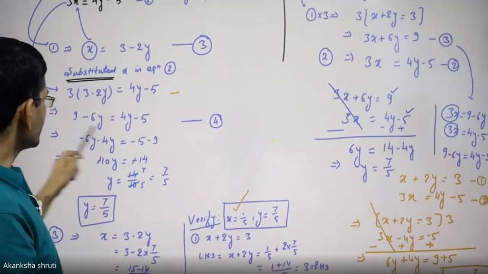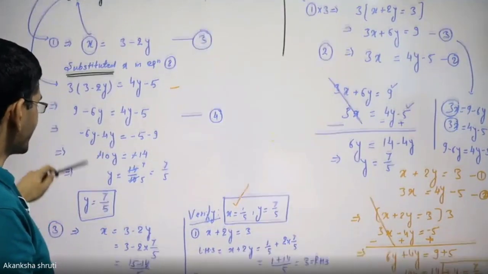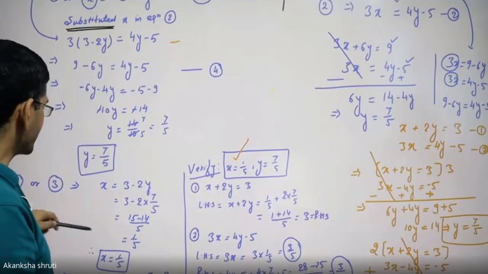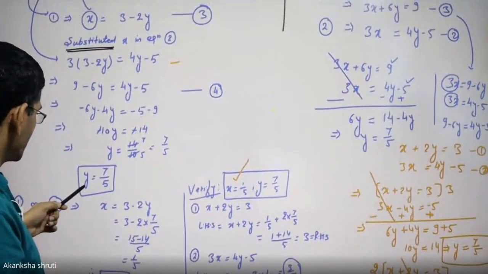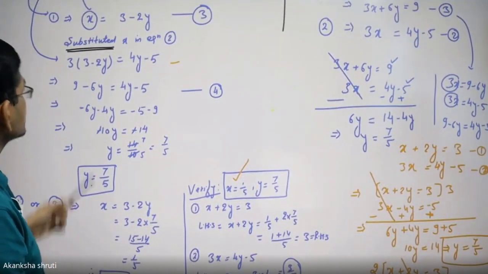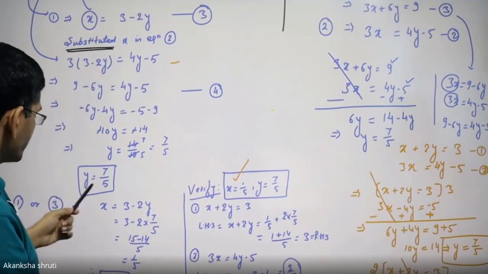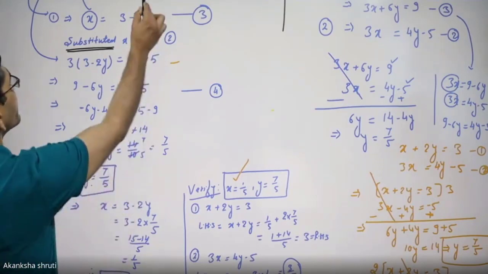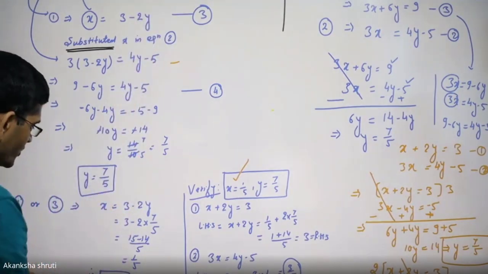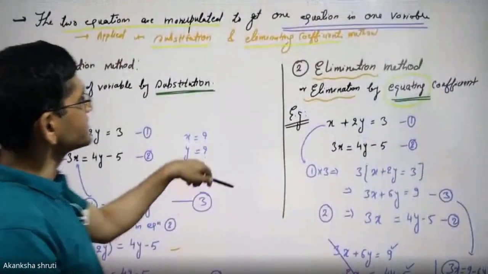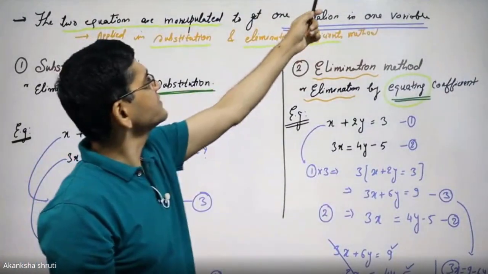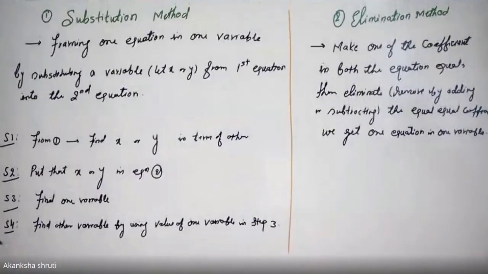We were getting one equation in one variable. From here the y we calculated. Now this y is substituted in equation 1 or equation 2, wherever you wish, to get the value of x. So it is that simple, students. We have enumerated these same four steps here.